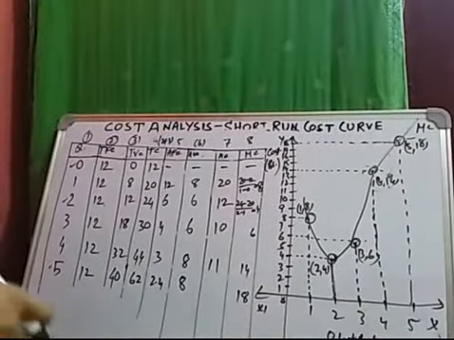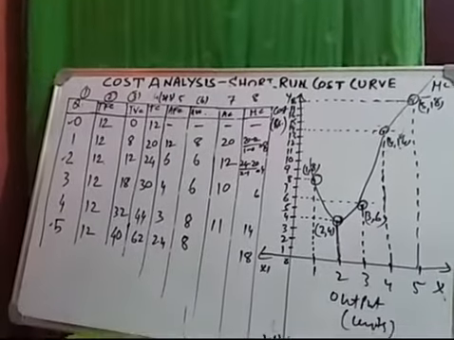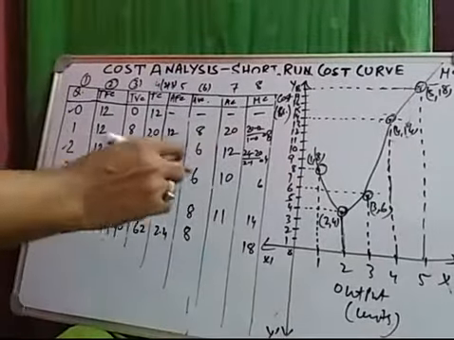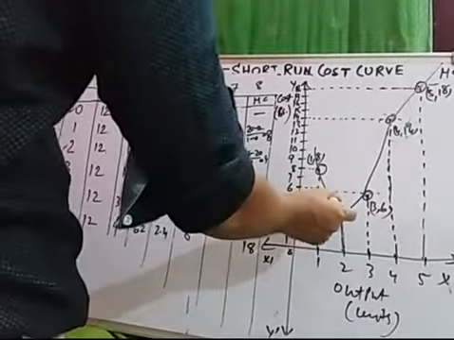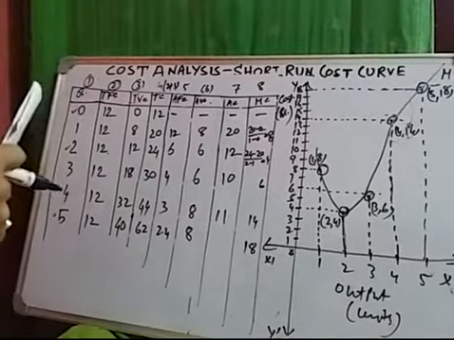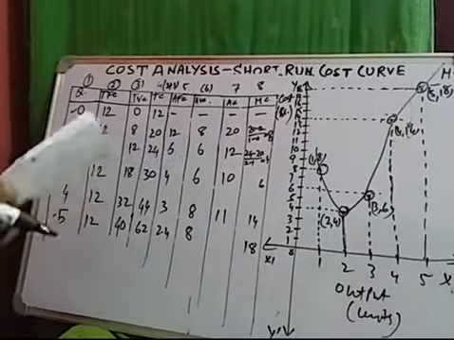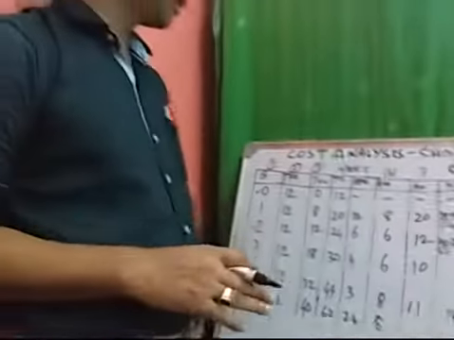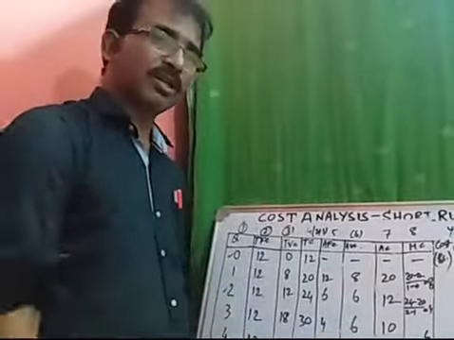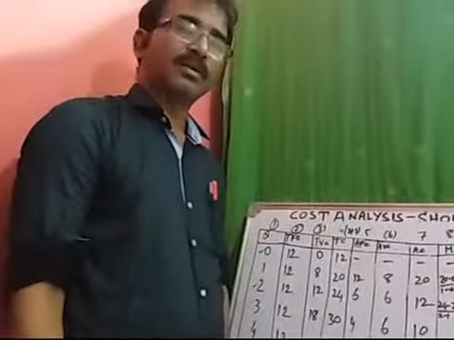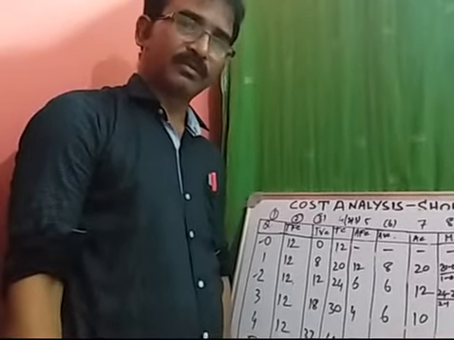So you know that the marginal cost curve will be just like this: at first it starts falling very fast, reaches a minimum point, and then again starts rising very fast. So this is the concept of marginal cost. Today I have discussed the short run cost curves and their graphical representation in the 2-dimension curve. Okay.